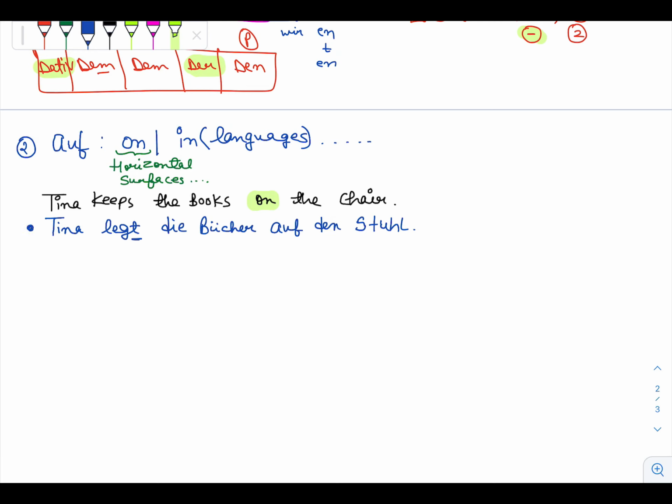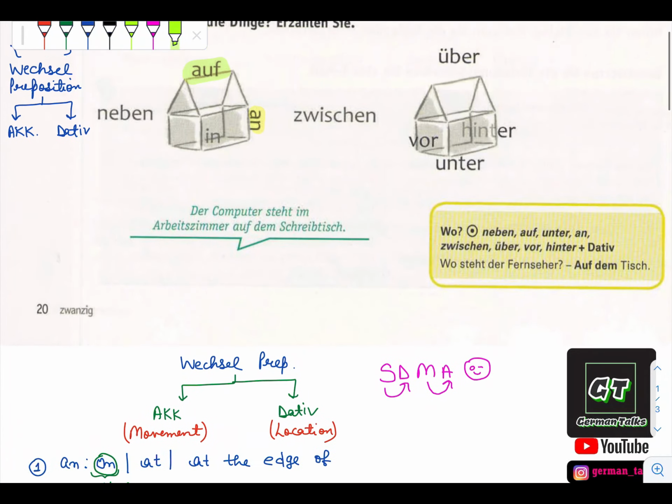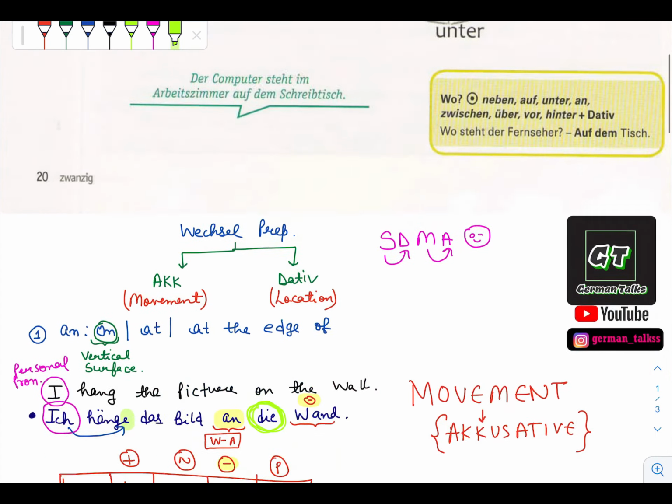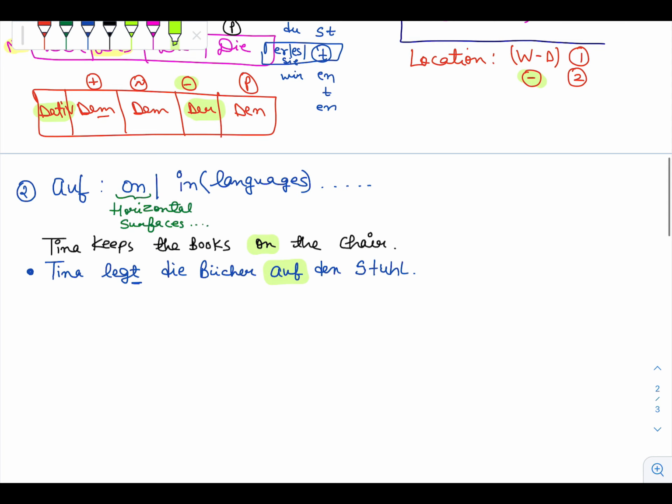Now, first we will check, did I use some preposition? Yes, I used the preposition which comes into Wechsel. This you need to know, which prepositions are pure accusative, dative, and which are Wechsel preposition. So I know, okay, this is Wechsel preposition. One thing is clear. Now I need to see whether it is a movement or it is a location. We will see. Tina keeps the book on the chair. Now Tina is keeping the book on the chair means they are talking about the movement.